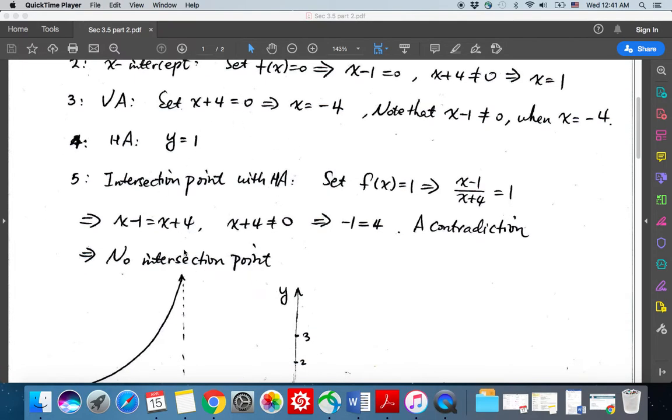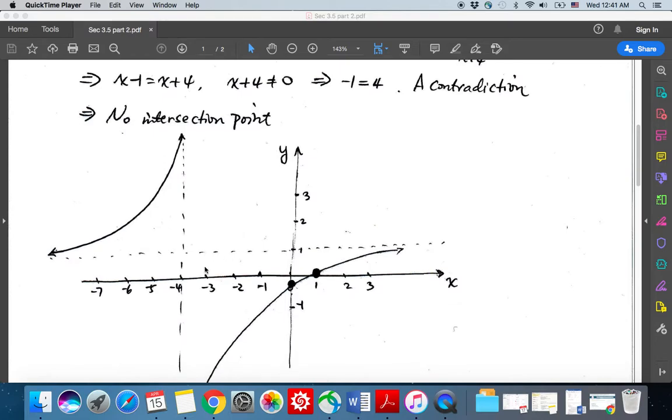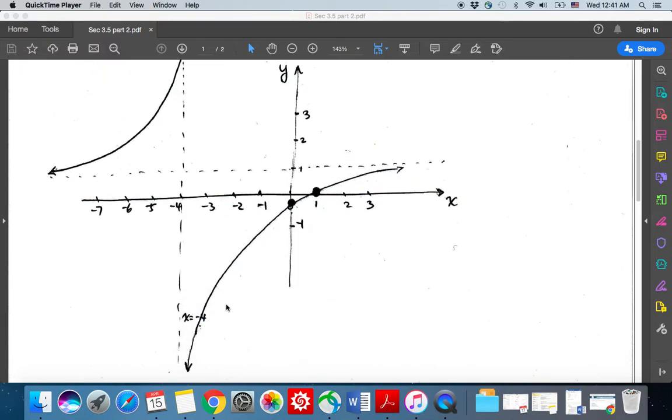So now we have all the key facts, and we want to set up a coordinate system so that we can capture all this key information. So here is my x-intercept, here's my y-intercept. This is the horizontal asymptote, here's the vertical asymptote. Because the graph is going to pass through these 2 points without intersecting the horizontal asymptote or the vertical asymptote, that's going to give me this branch of the curve looking like this.